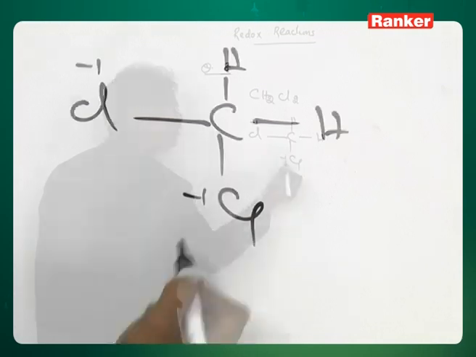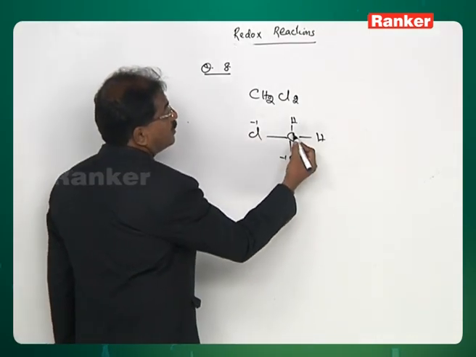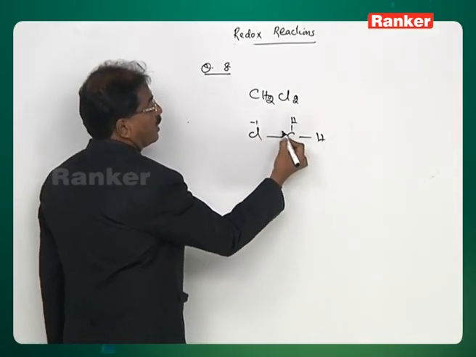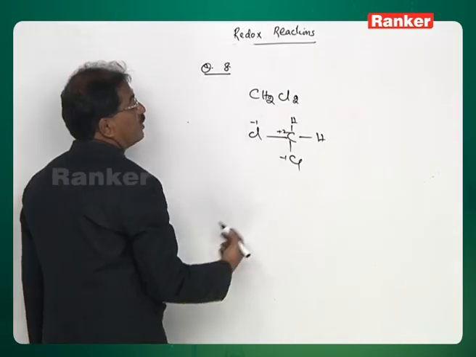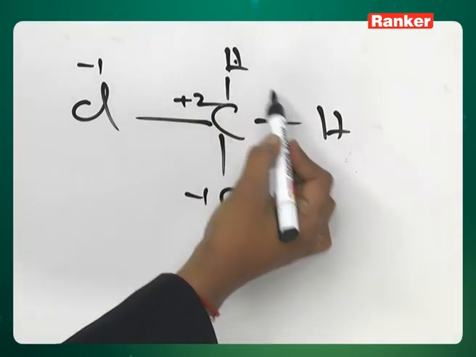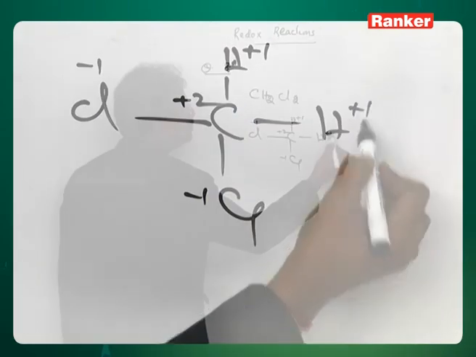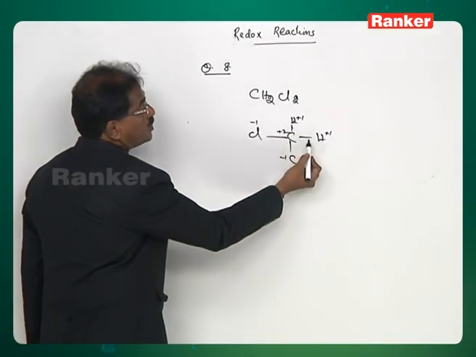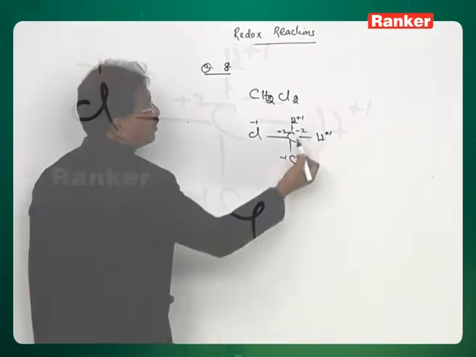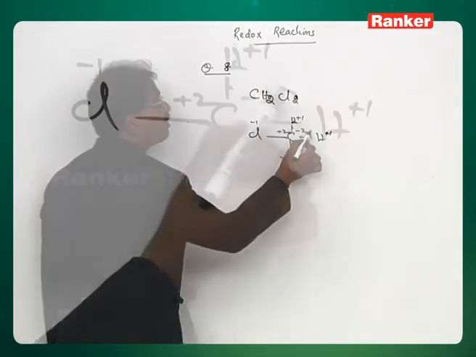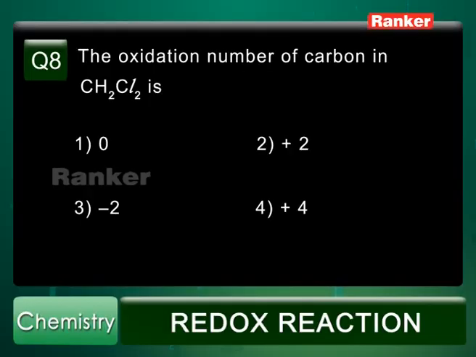Due to these two bonds, carbon loses 2 electrons. Next, hydrogen. Here the hydrogen oxidation state is +1. Therefore, due to these two bonds, carbon will gain 2 electrons. Therefore, the net oxidation state of the carbon is 0. Therefore, the answer is 1.